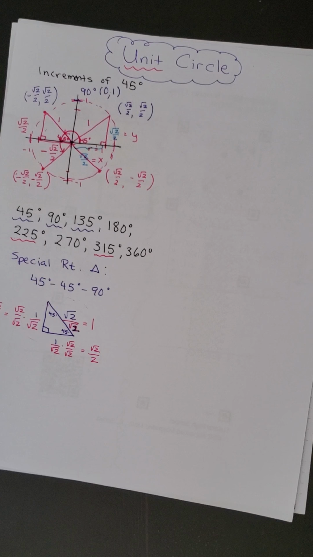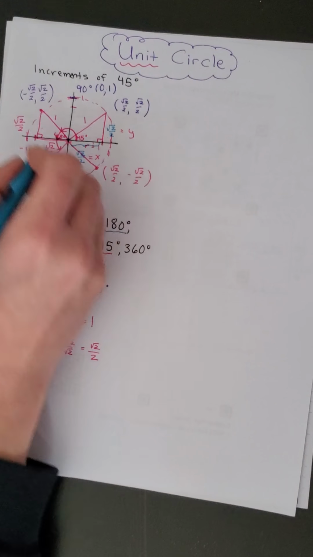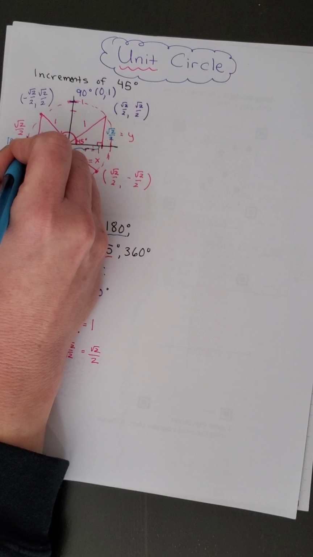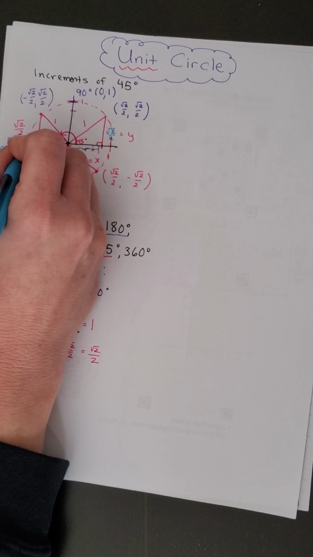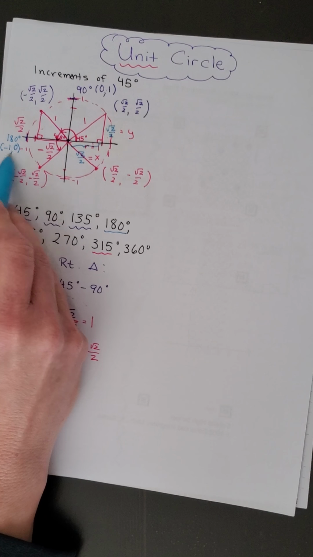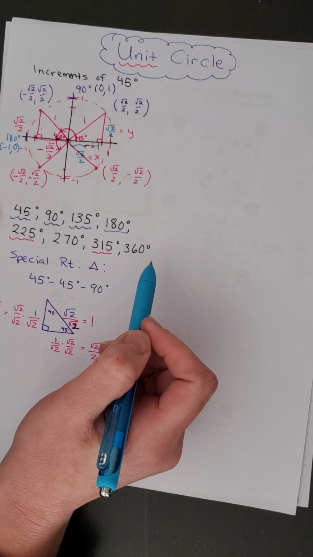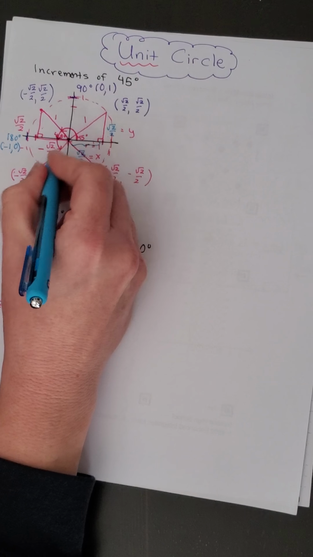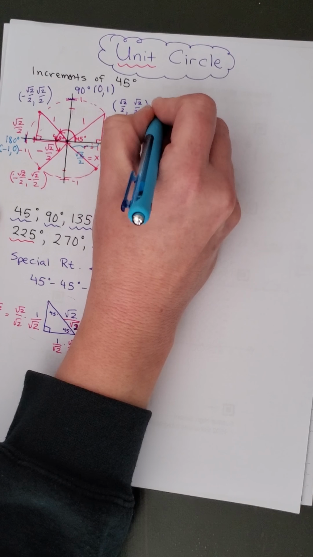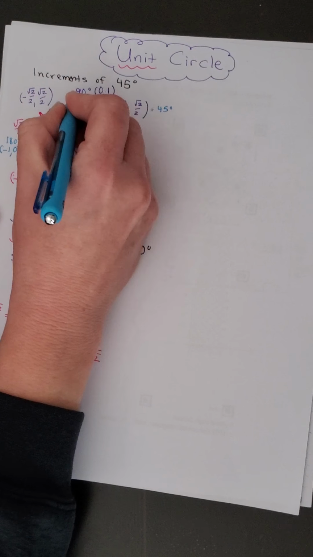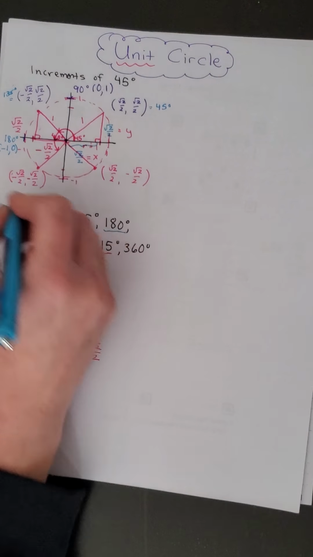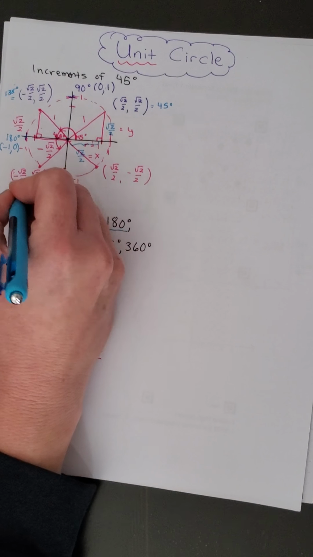All right, so let's go back and talk about 180. So 180 right here, this is 180 degrees, and our x coordinate here is negative 1. Our y coordinate is 0. So at 180 degrees, our x and y are negative 1 and 0. And right here, we've already done, but let me label these. So this is 45 degrees, and this was 90, and this was 135 degrees. This was 180. Right here's 225.